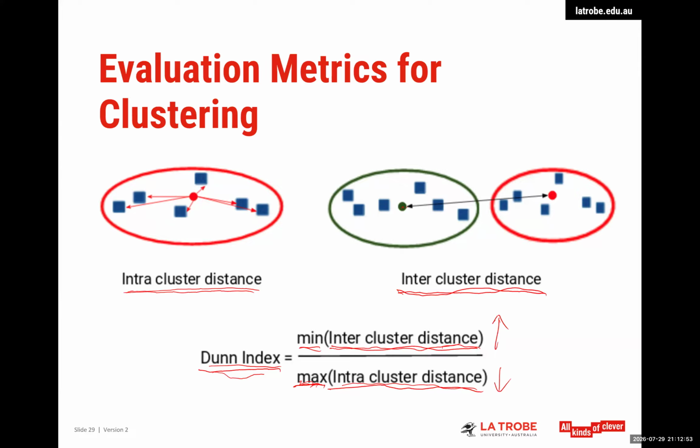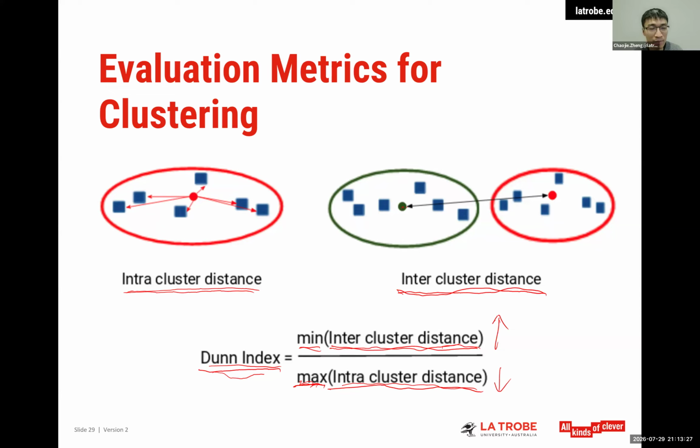A high Dunn index means a better clustering result. So would that be like a 58 or like a 5? It depends on the dimension of the data, because you are calculating the cluster distance, and if you have many features, the dimension would be very high, and thereby if we are calculating the Euclidean distance, this distance will be very high.